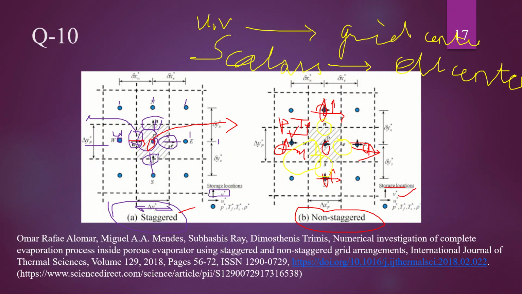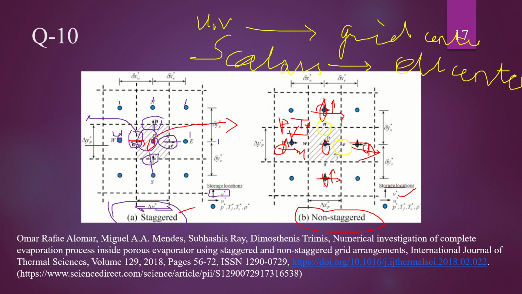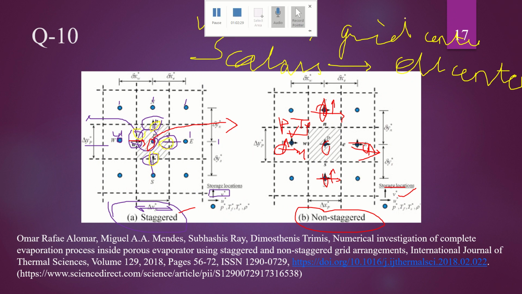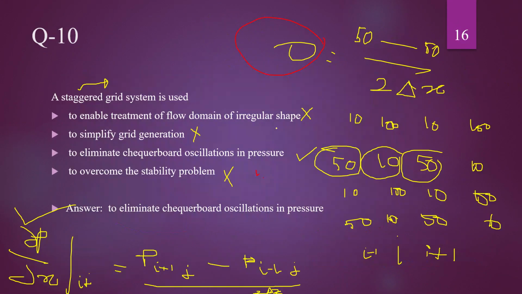So I mean not in this, sorry. It is used in this for storage of velocities or UV. That is what I denoted by grid center. But in general, scalars are denoted at cell center. So thereby the checkerboard oscillation problem in pressure is eliminated.